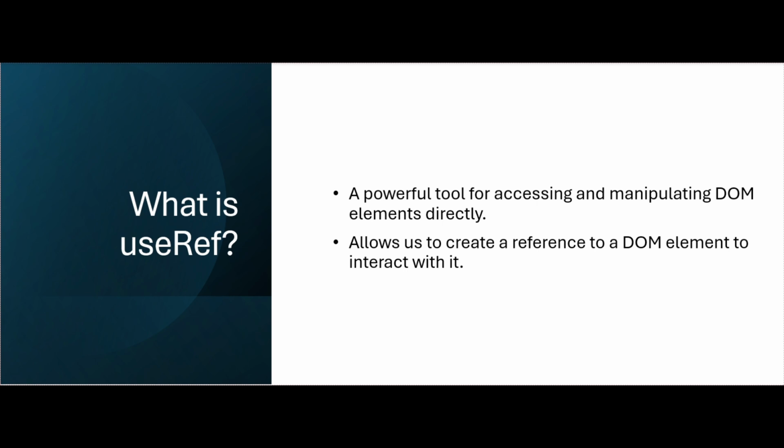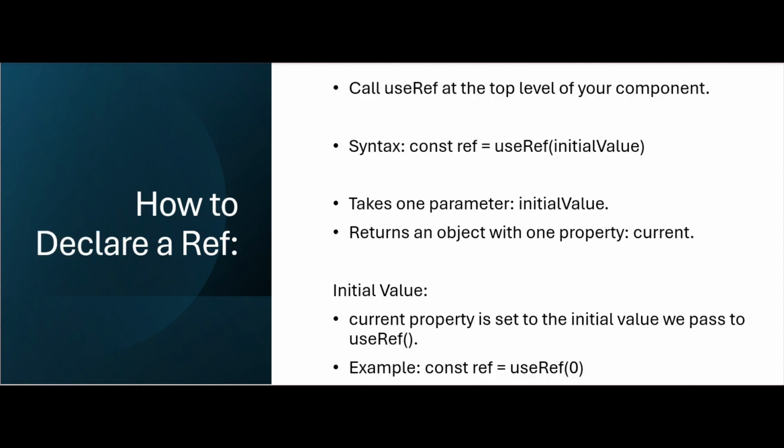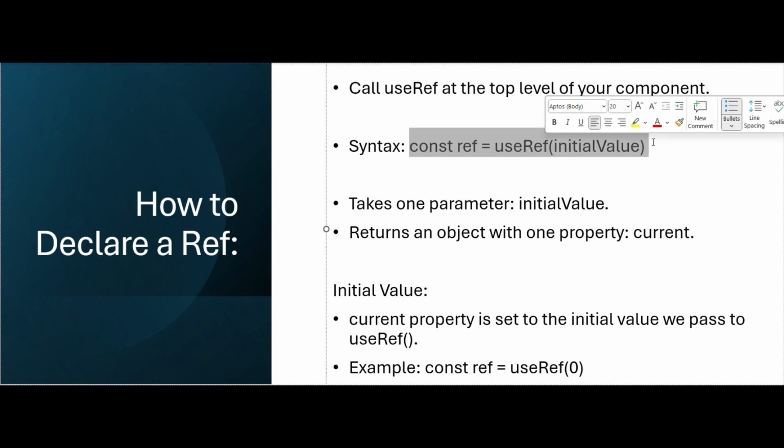Next, let's see how we can declare useRef and how we can use it in our React code. So call useRef at the top level of your component, and the syntax is like this. If you observe, it takes one argument, that is the initial value.